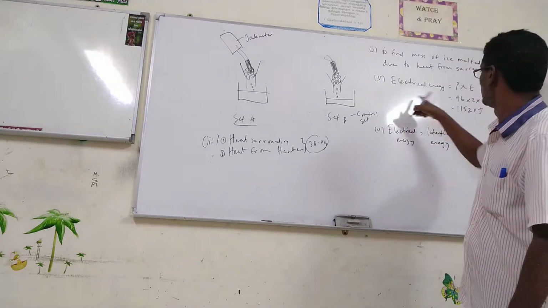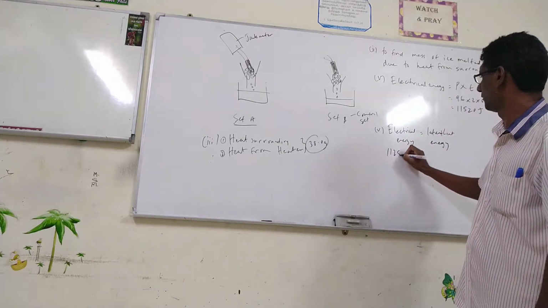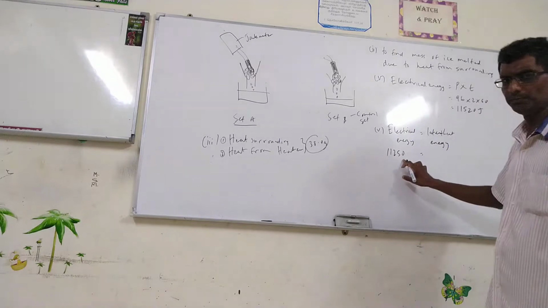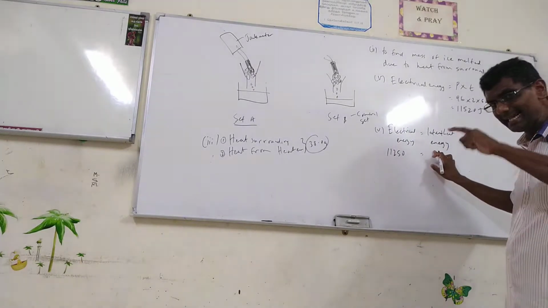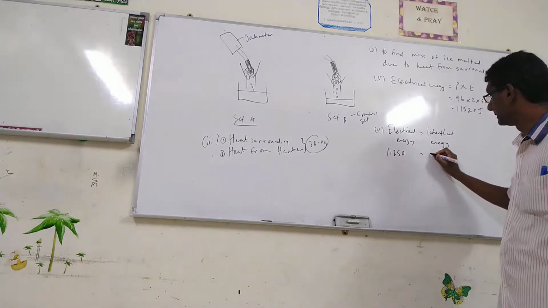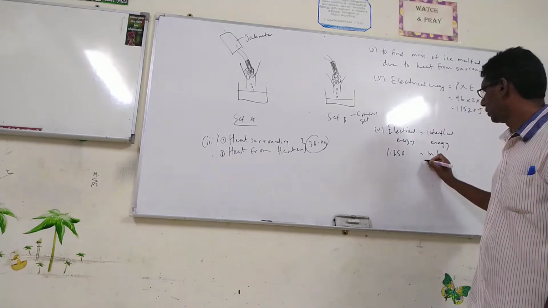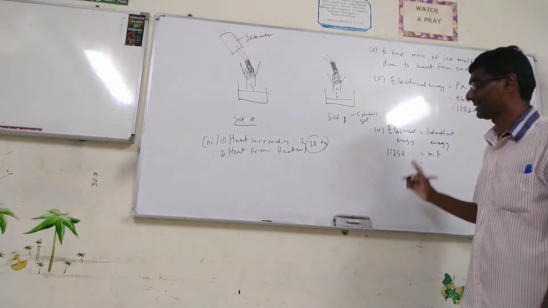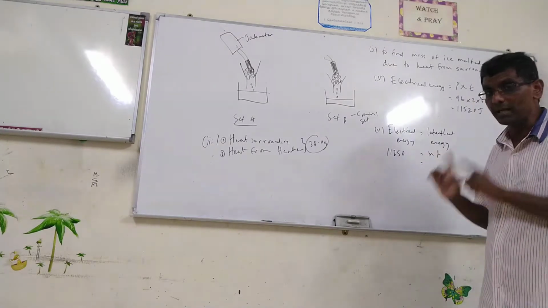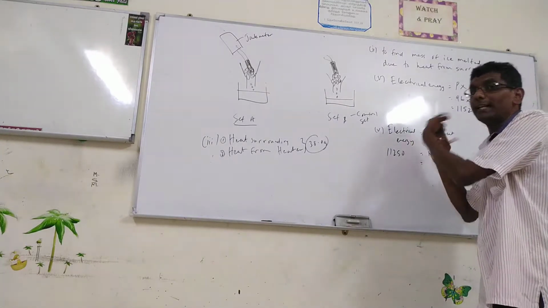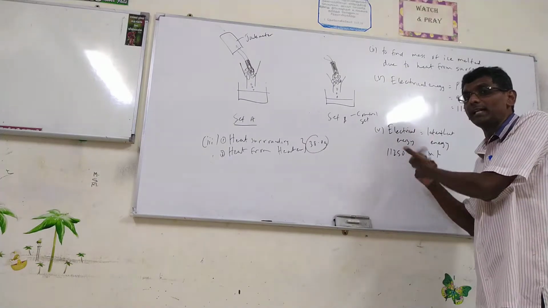Electrical energy is found as 11,250 joule. And latent heat energy, the formula is ml, where m is the mass. The mass of ice melted, because this electrical energy is from the heater, the heat energy for the heater.